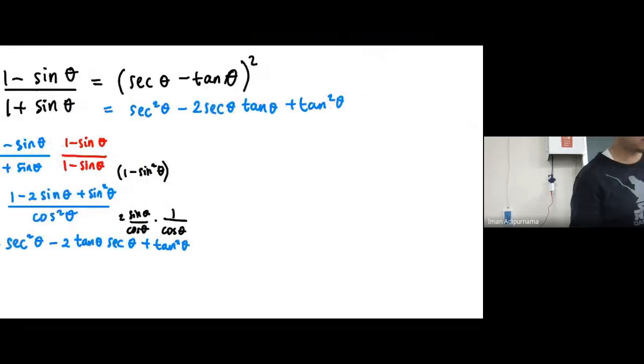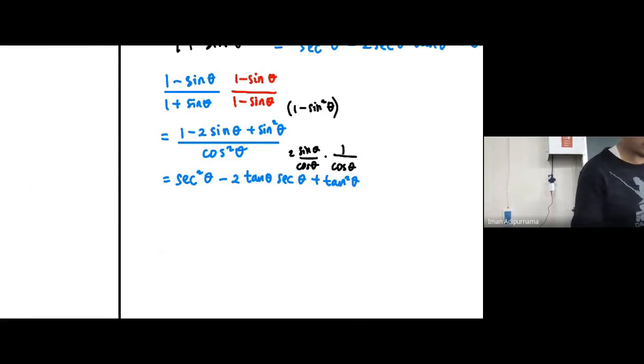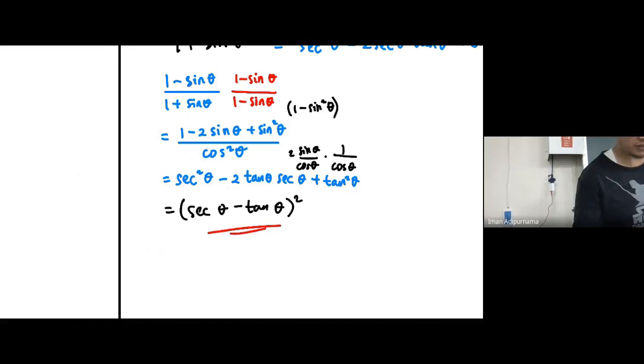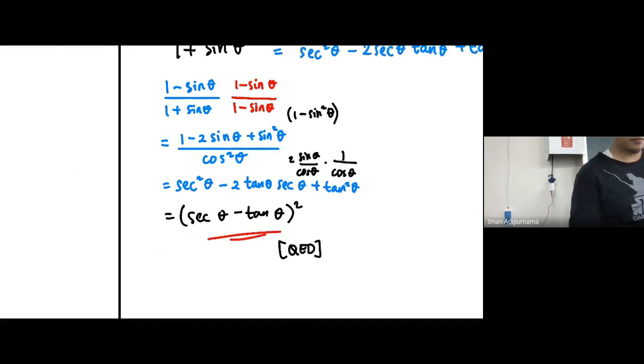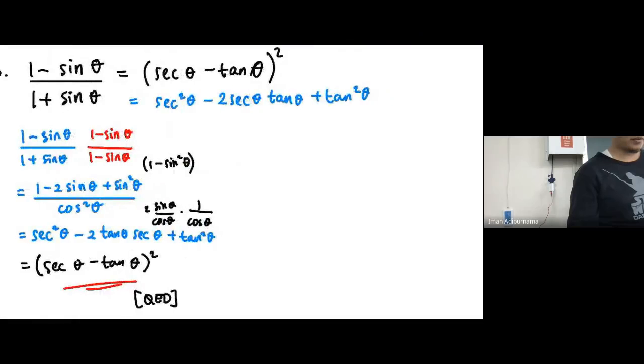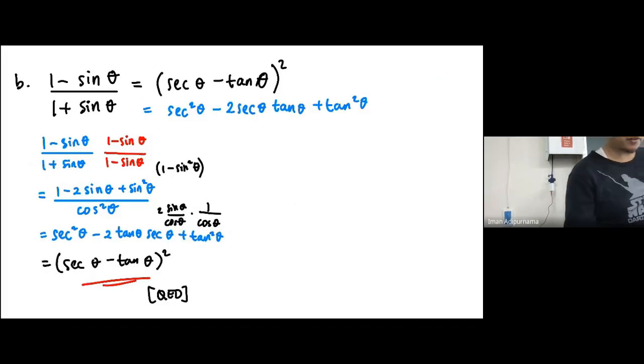Is it the same with this? Same, right? So I can write this, or writing back to this formula, so it's proven. This also you can prove from here.